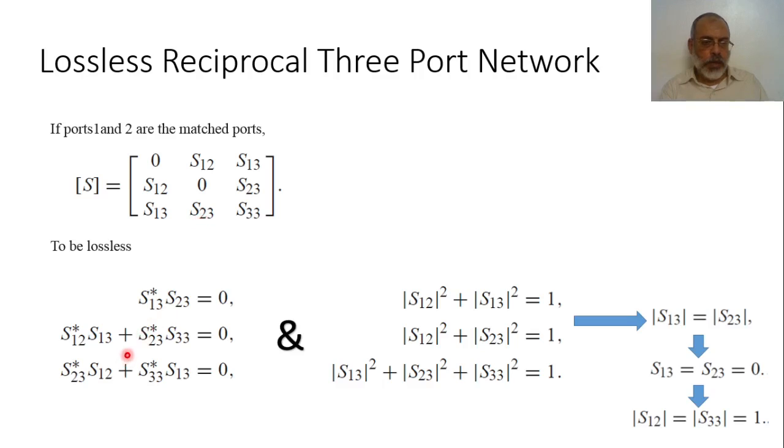this is the third one. S32 conjugate multiplied by S12 plus S33 conjugate multiplied by S31. This is the third one. If we are going to multiply the second and the third, it would be S12 conjugate multiplied by S13 plus 0 plus S23 conjugate multiplied by S33.